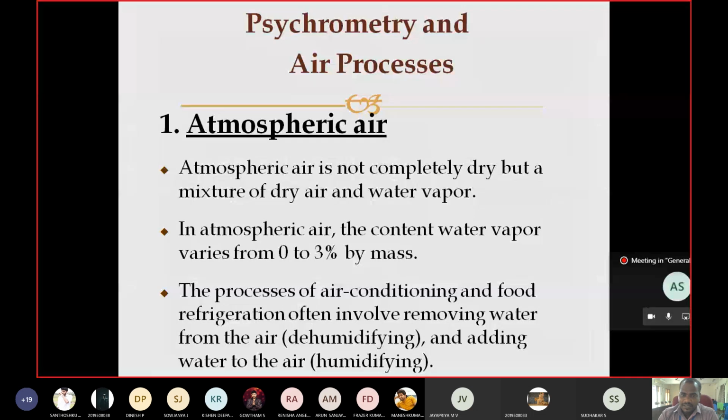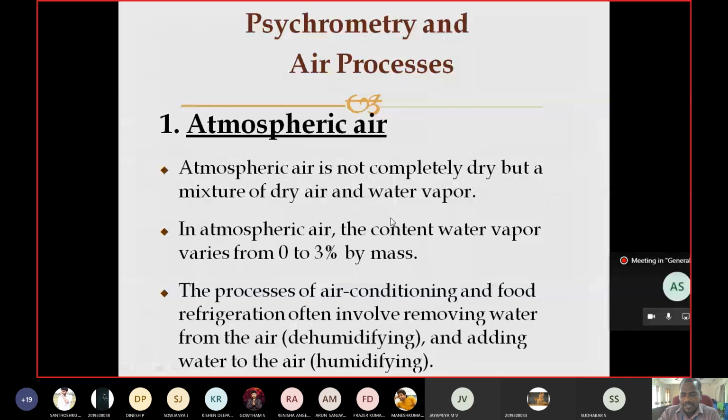So in the starting few slides we have these properties of air, then we can discuss how the air conditioner will work, right? Like we already discussed the properties of air, steam, and refrigerants, air also should be studied.